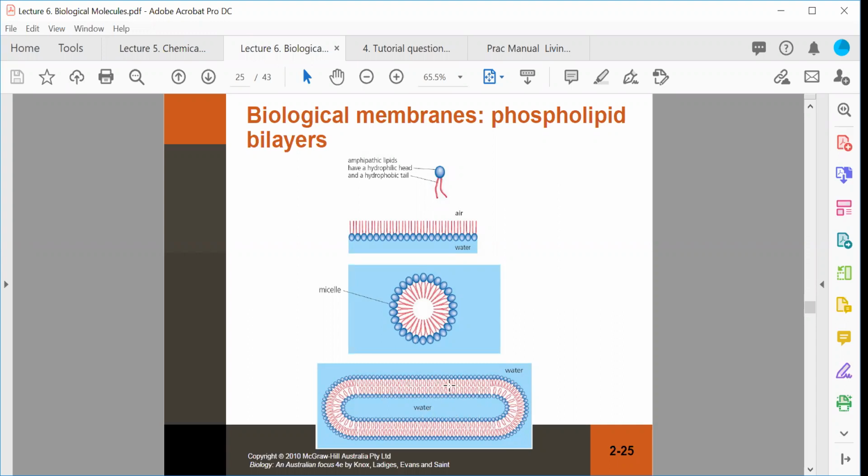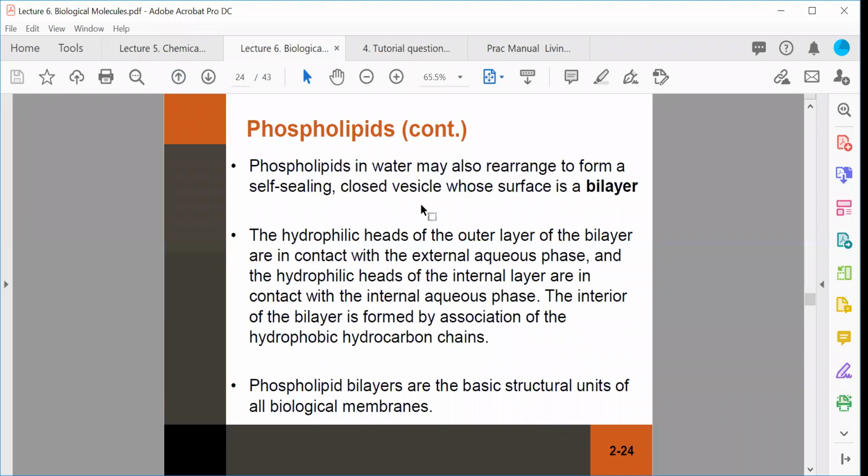So that's quite amazing how that occurs to form living cell membranes. So now we can return to the previous slide, which will make more sense to you.